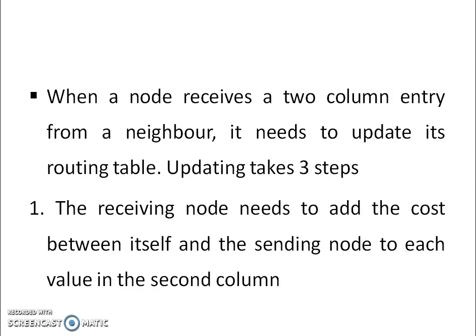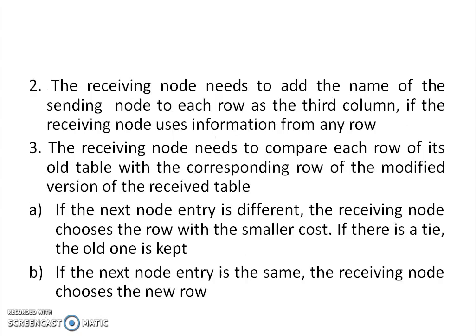In updating, when a node receives a 2-column entry from a neighbor, it needs to update its routing table, and this updating takes 3 steps. The first one is that the receiving node needs to add the cost between itself and the sending node to each value in the second column. The receiving node needs to add the name of the sending node to each row as the third column if the receiving node uses information from any row.